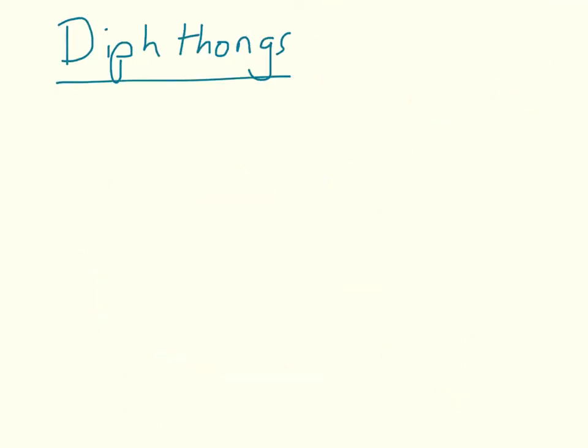Next are what we call in Latin diphthongs, which are actually a combination of two vowels. There are 6 or 7 different diphthongs, but there are ones that we see more often than others. One of the main ones is A and E together, and that's going to be pronounced like the letter I, or like the end of the word sky.